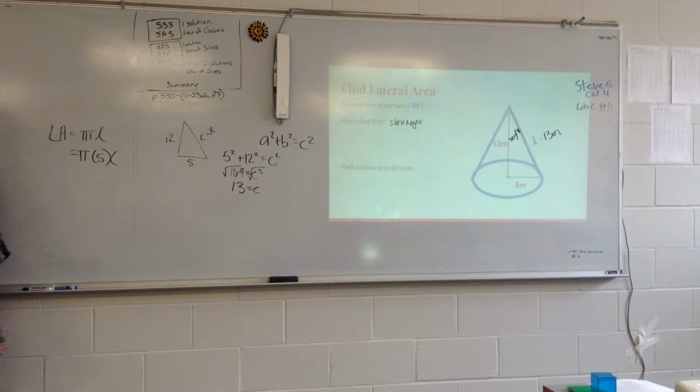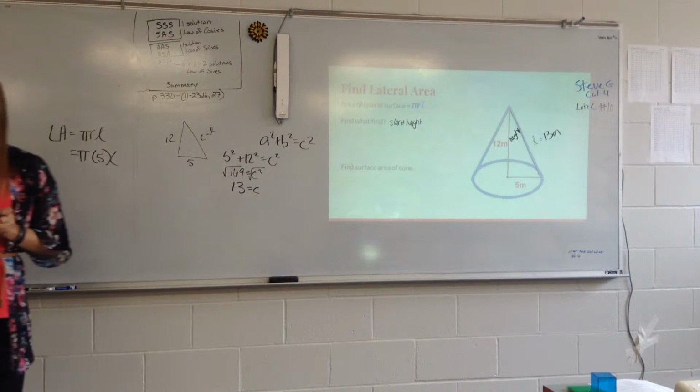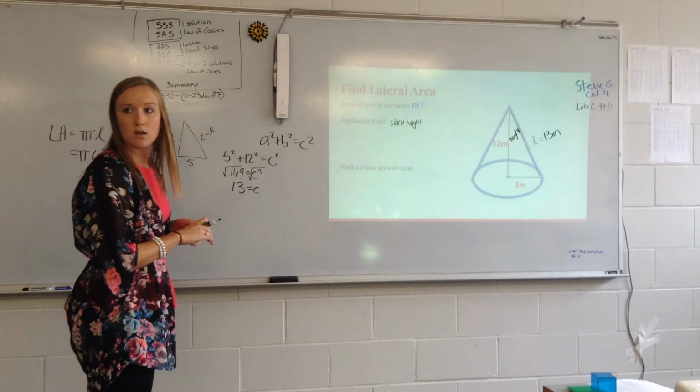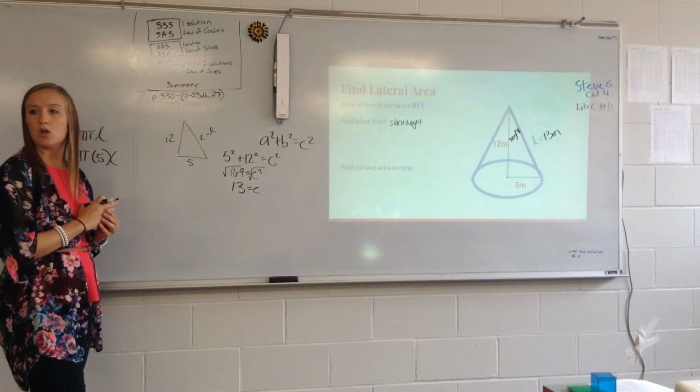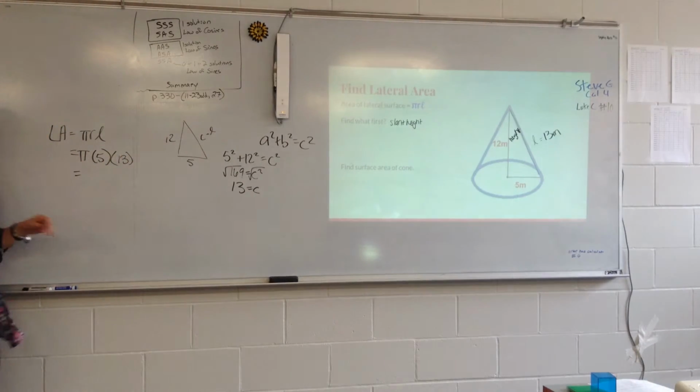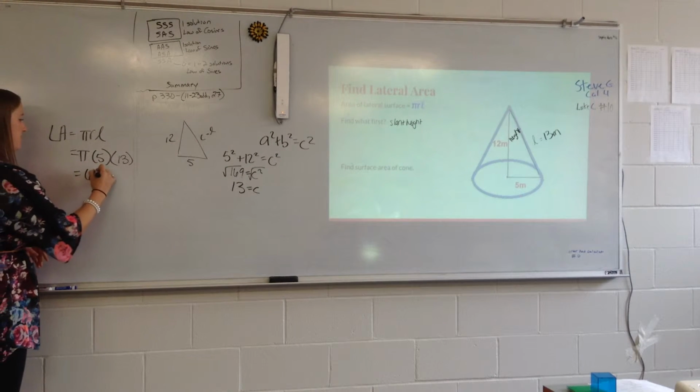What do we find our slant height to be? 13. So what do we get here? 5 times 13, 65 pi.